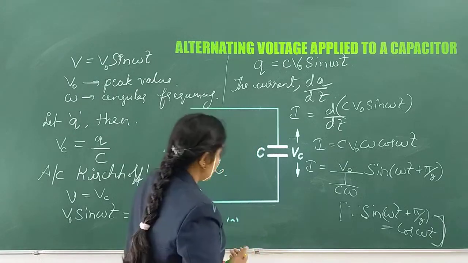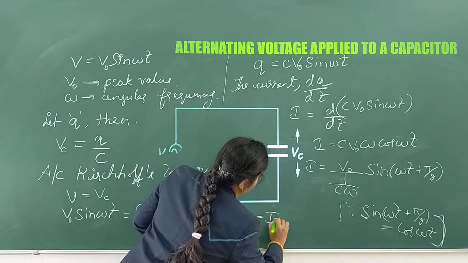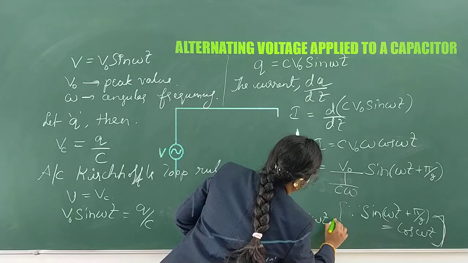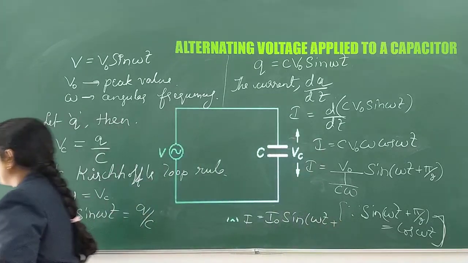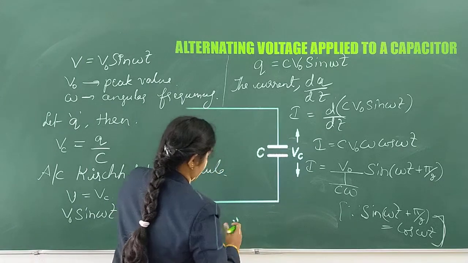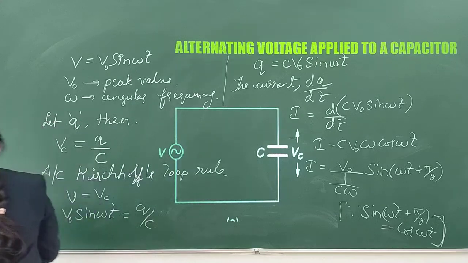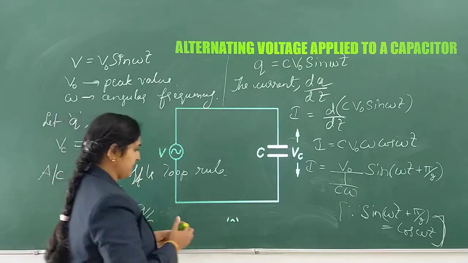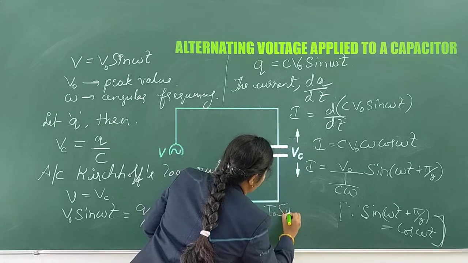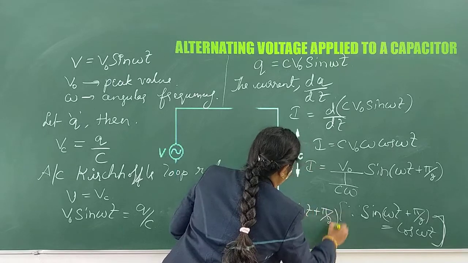In the last I will replace this equation: I equals I naught sin omega t plus pi by 2.